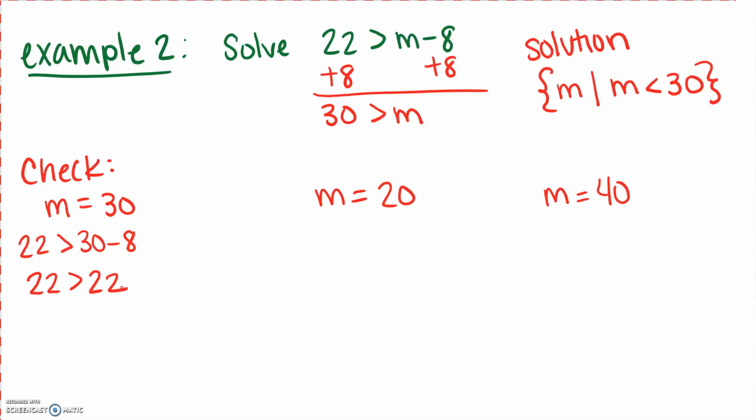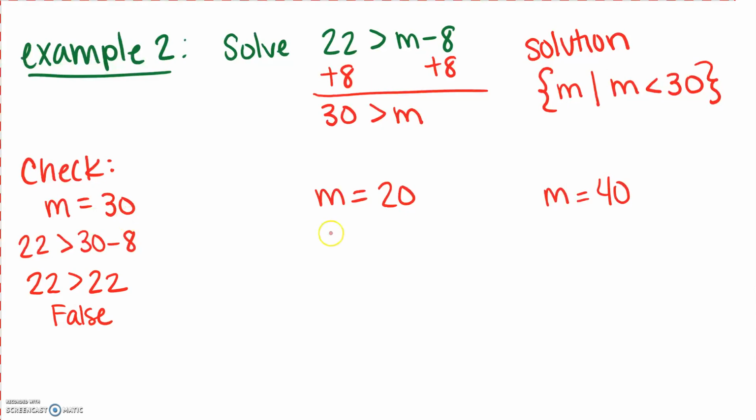Is 22 greater than 22? No, it is the same as 22. So that does not work. So that is false, which satisfies our solution. If you check it, it says that m has to be less than 30, so 30 shouldn't work, and it doesn't.